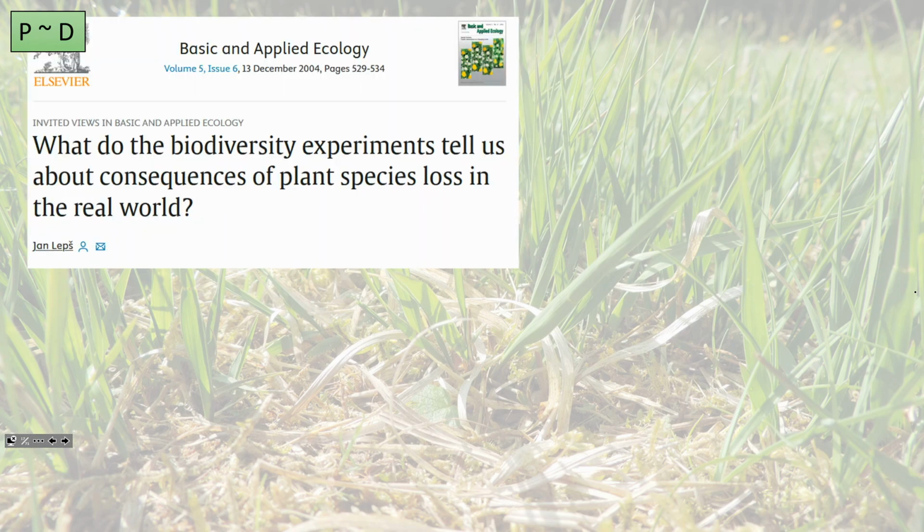The issue with these experiments can be, and it has been criticized by several people, including Schwartz already 20 years ago, saying that the community composition of these communities is artificial because it's usually sown from some predefined species pool, and the individual communities are assembled basically by random selection, thus creating unrealistic species assemblages.